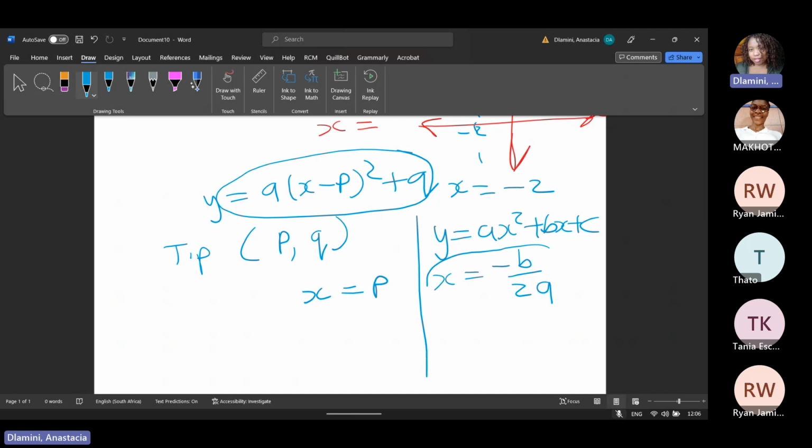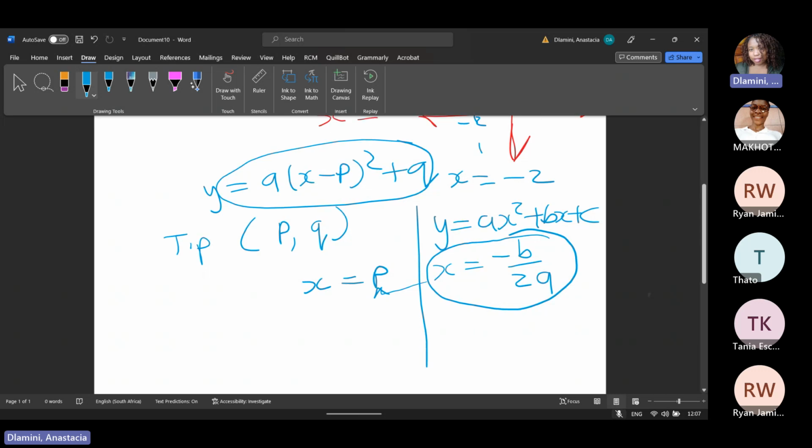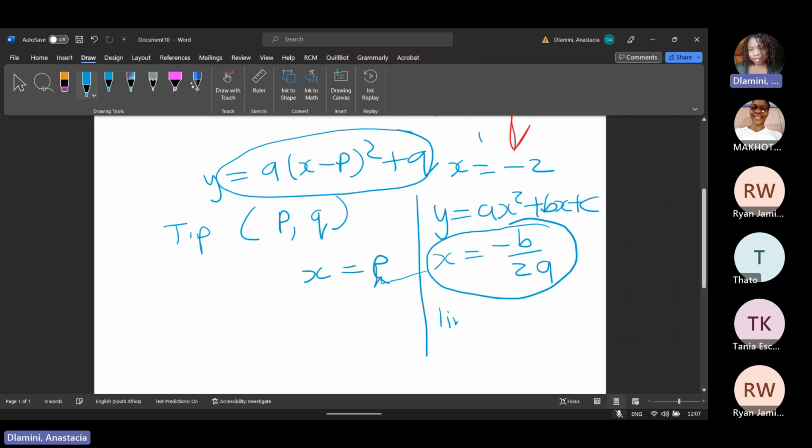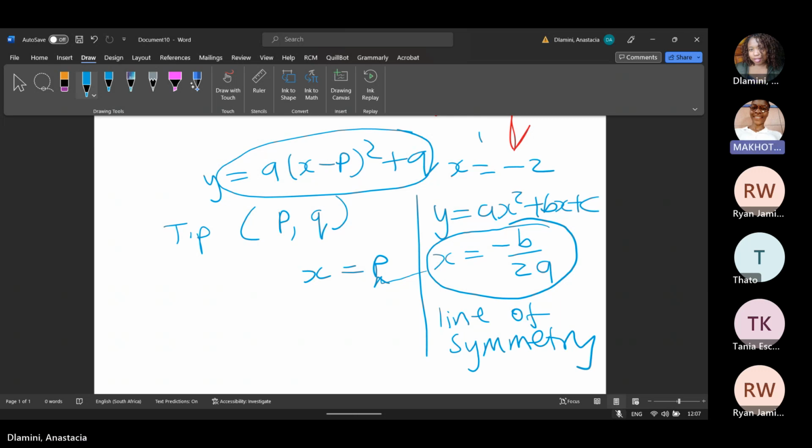And this value, which is the same value of p, is actually the line of symmetry. Are we all together? Yes, ma'am. Okay, thank you very much.